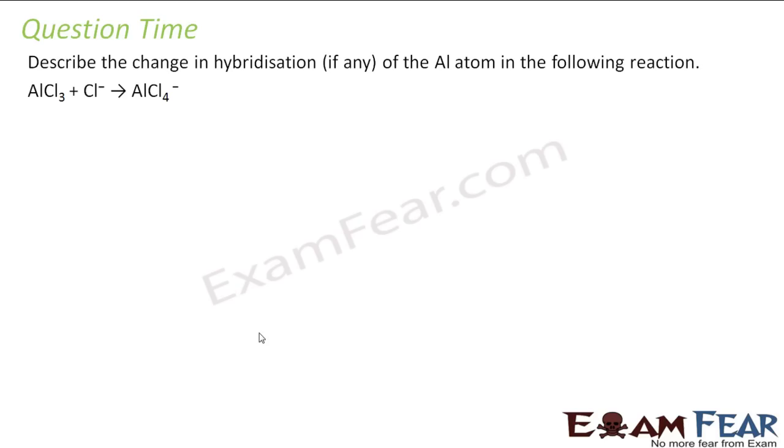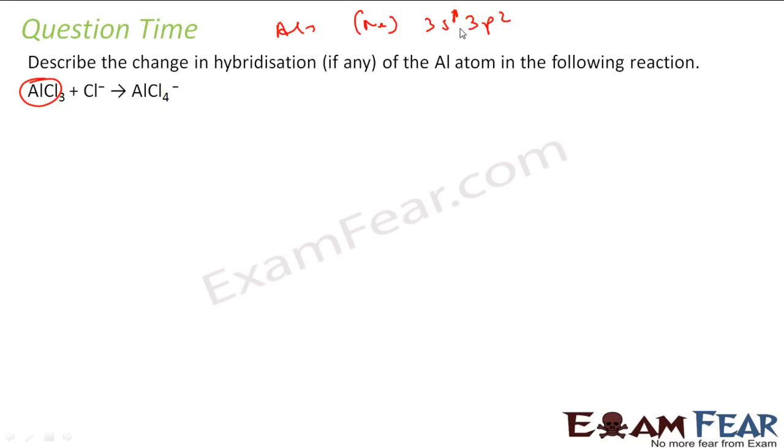Describe the change in hybridization, if any, for this reaction. AlCl3 plus Cl minus gives AlCl4 minus. See, if you talk about AlCl3, my aluminium configuration is 3s1 3p2, right?